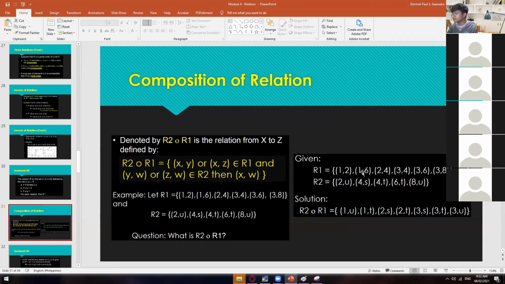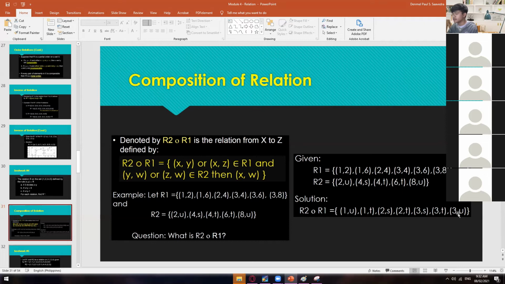If you have 1, 6, and 6O, you should get 1T. You have 2, 4, and 4S, you get 2S. 2, 4, and 4T, you get 2T. For 3, 4, and 4S, you get 3S. 3, 4, and 4T, you get 3T. Then T6 and 6O, you get 3T. And 3, 8, and 8U, you get 3U.